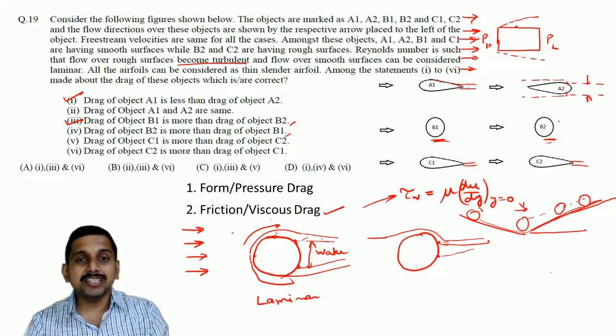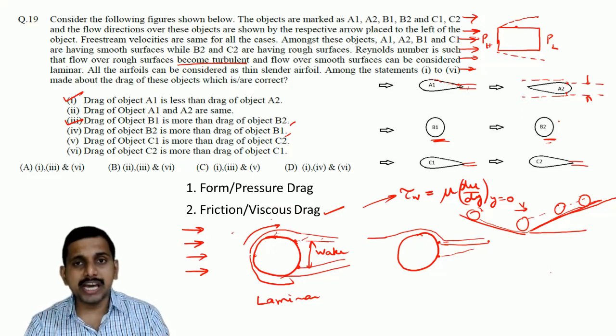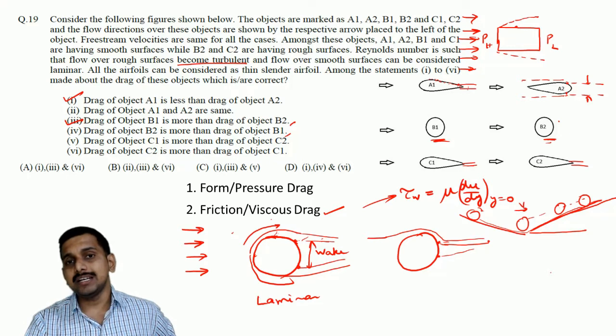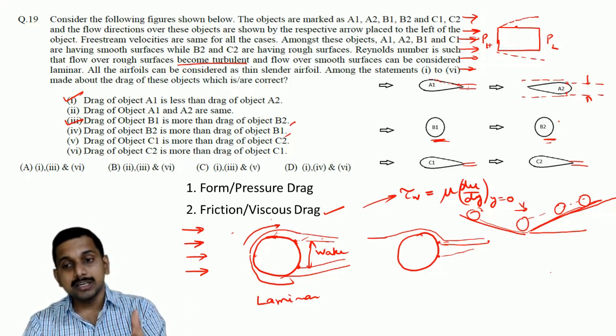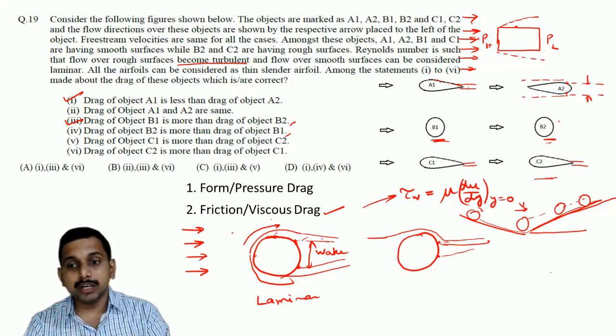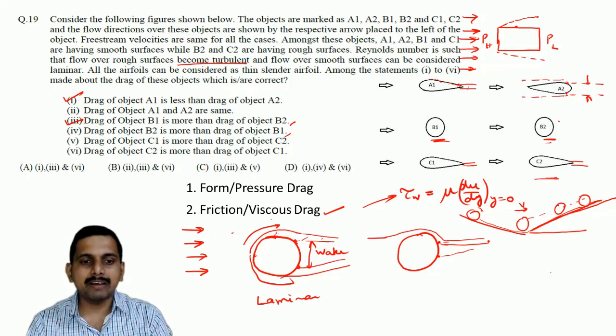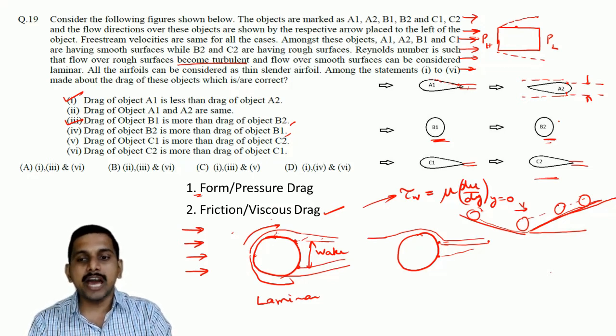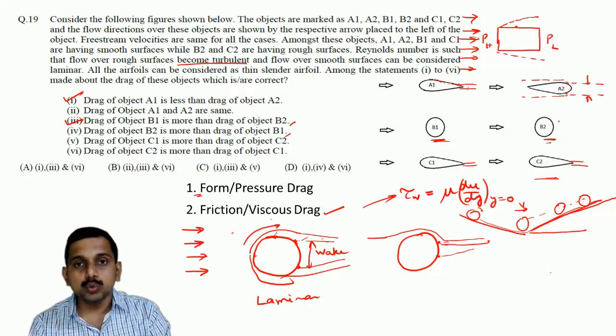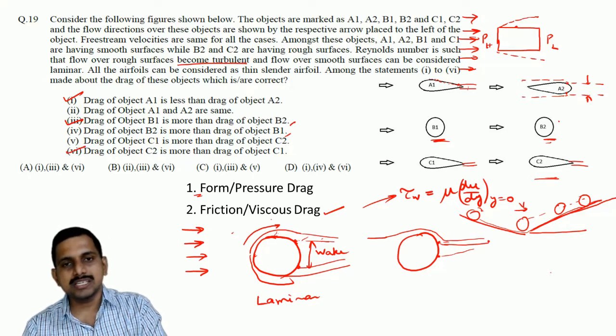In case of turbulent flow, skin friction drag is higher, and form drag variation is not important. So drag of the object C2 will be greater than that of C1.